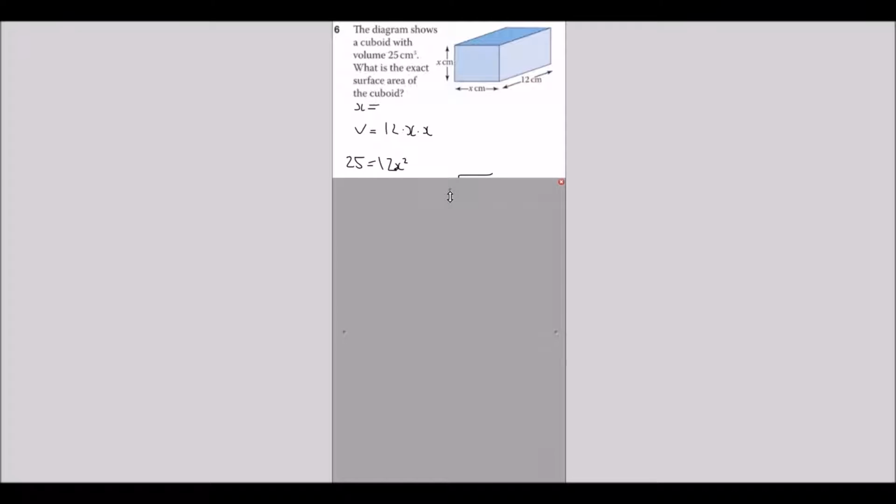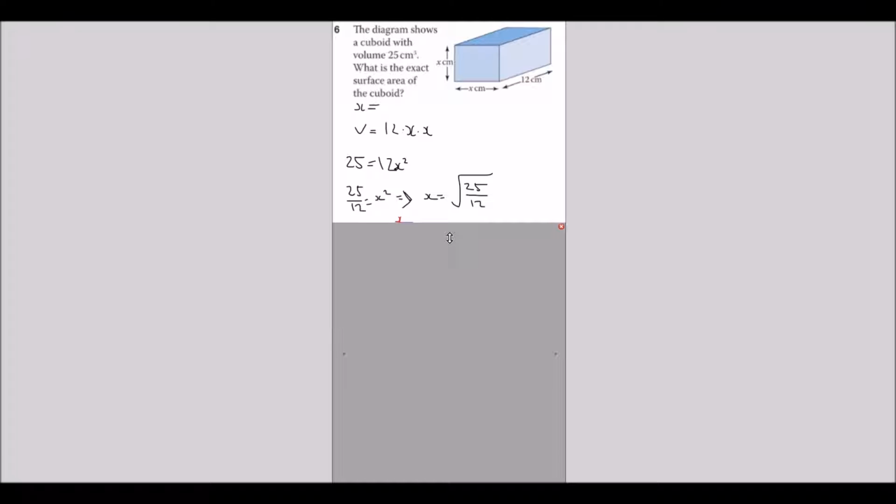So I then just put in the information that I know. I know x times x is x squared, and I know the volume is 25 centimeters cubed. All I'm going to do is rearrange this. If I divide both sides by 12, I get 25 over 12 is x squared. This little equal sign with an arrowhead pointing towards the next bit is the mathematical symbol for implies.